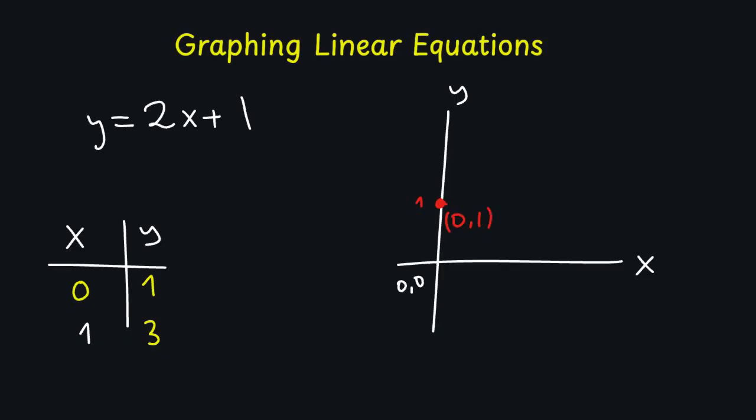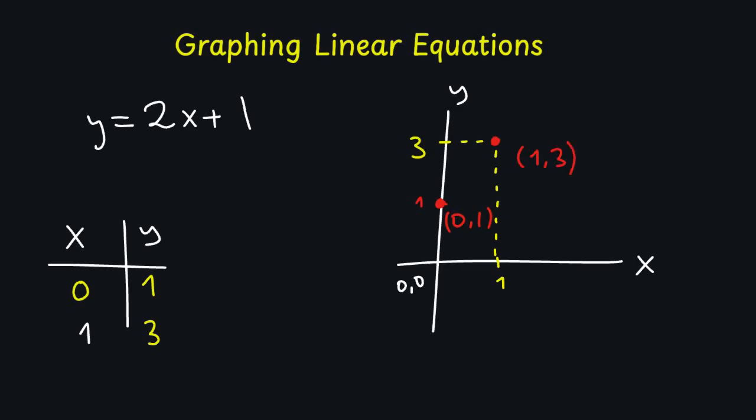My second point is when x is 1, and y is 3. So let's say this is 3. The intersection of 1 and 3 will be here. That's my second point. x is 1, y is 3.